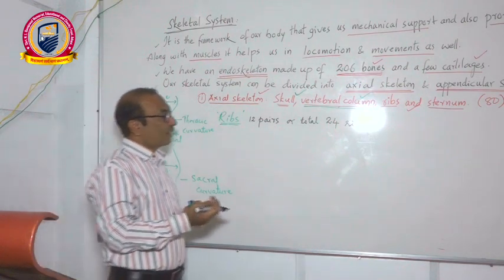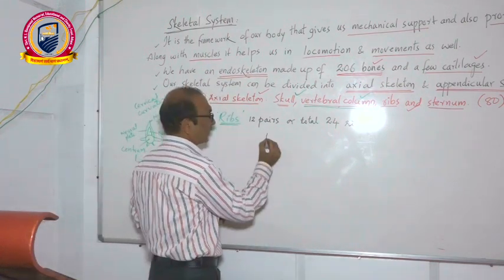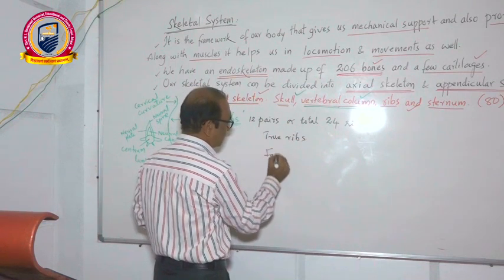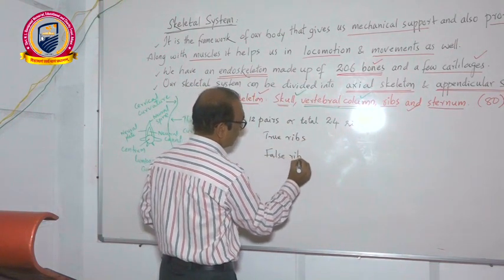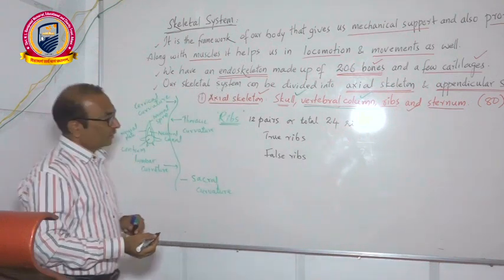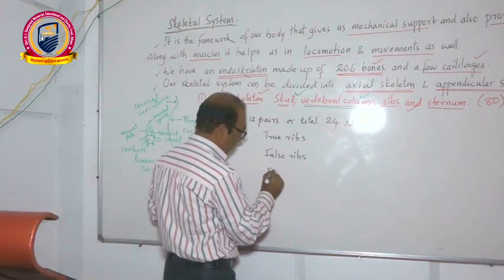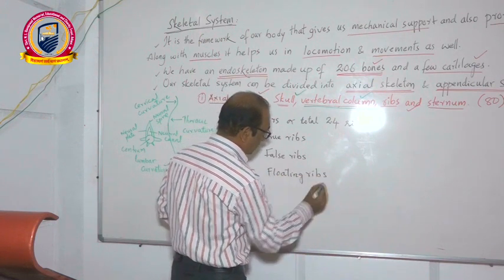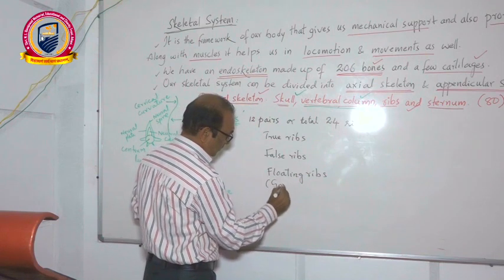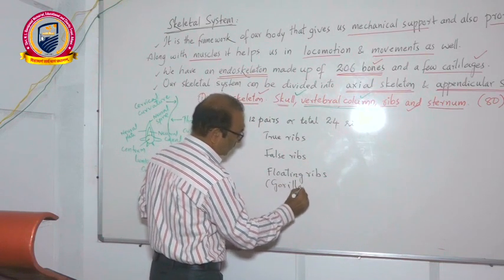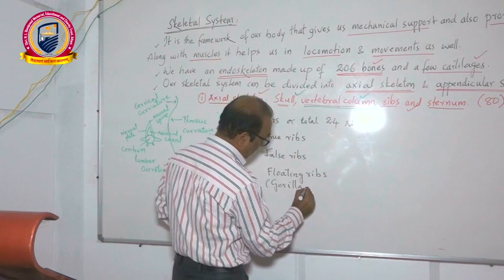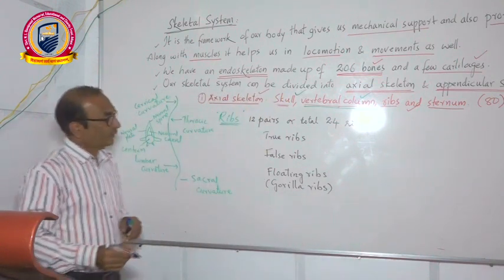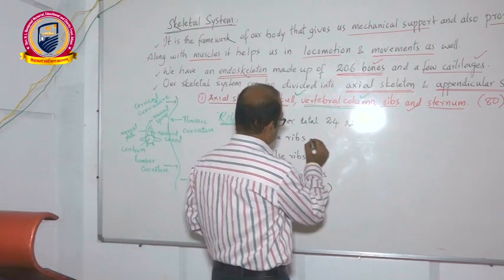And these ribs are again divided into different types: true ribs, false ribs, and then floating ribs. Floating ribs are also called gorilla ribs. Okay, let's see what these are.